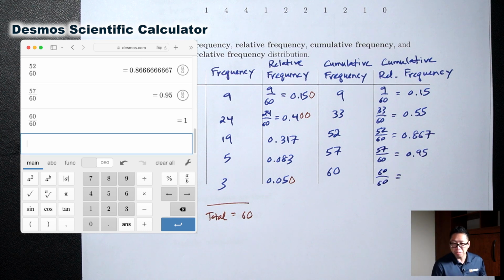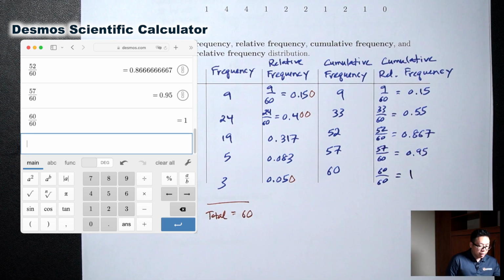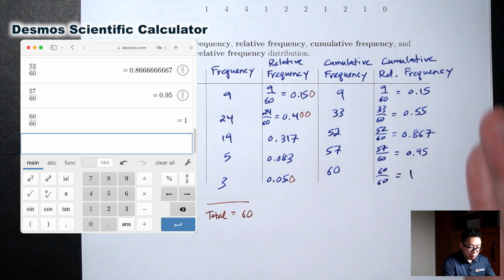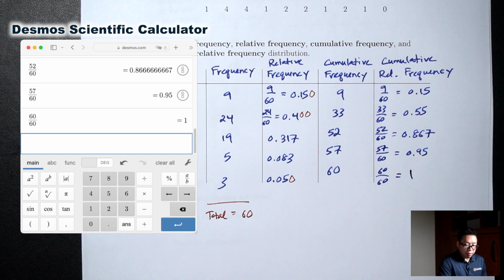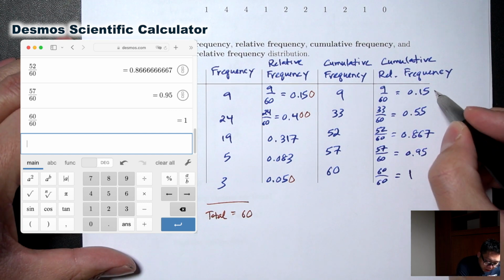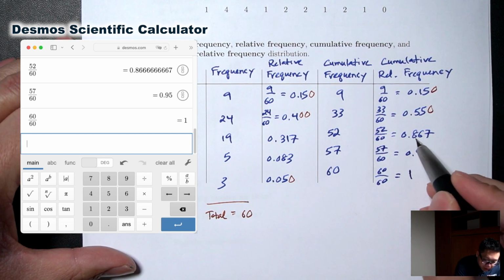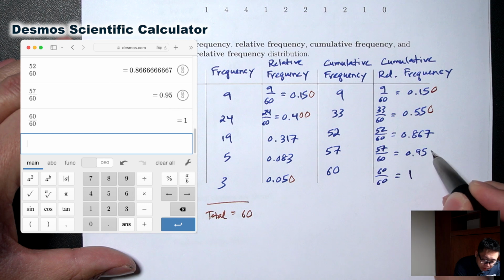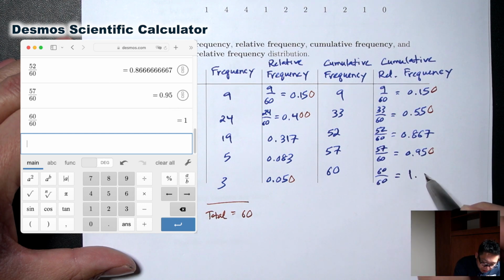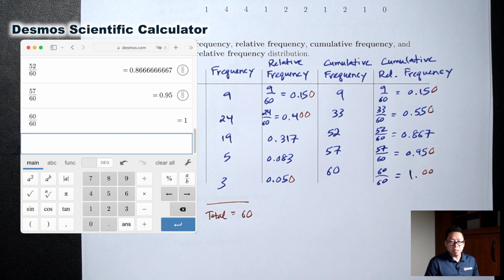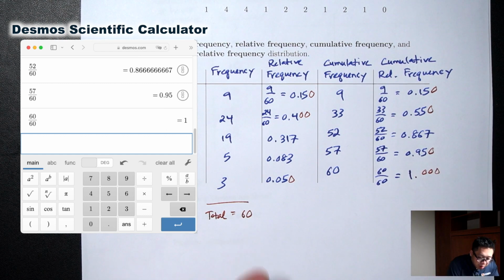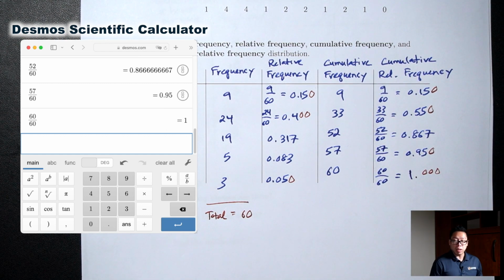I should know this one. This is 1. And then just like before, I want to add on zeros at the end so that everything has 3 decimal places. So I'm going to add on a 0 right here, a 0 right here. 867 already has 3, 950, 1.00. Okay, and that's just going to help me if I need to compare these numbers later on.